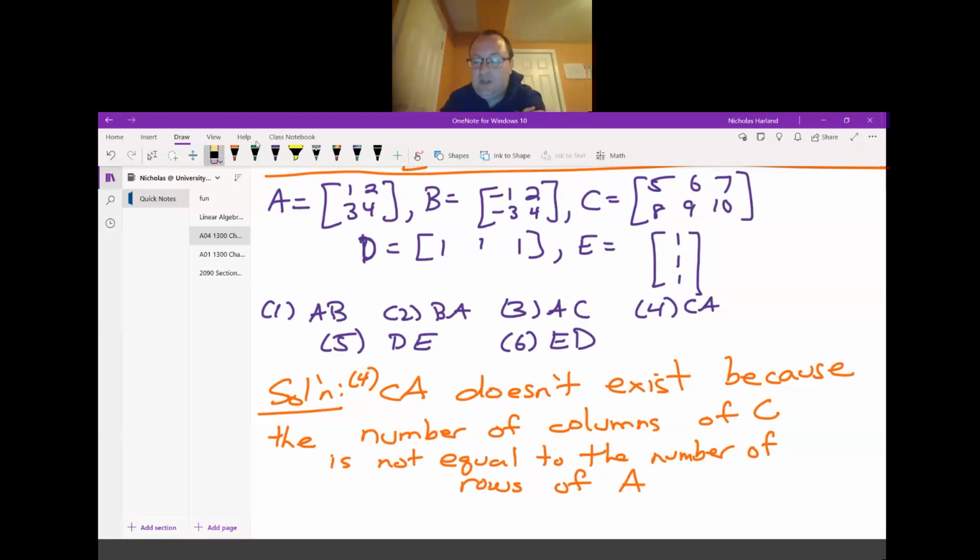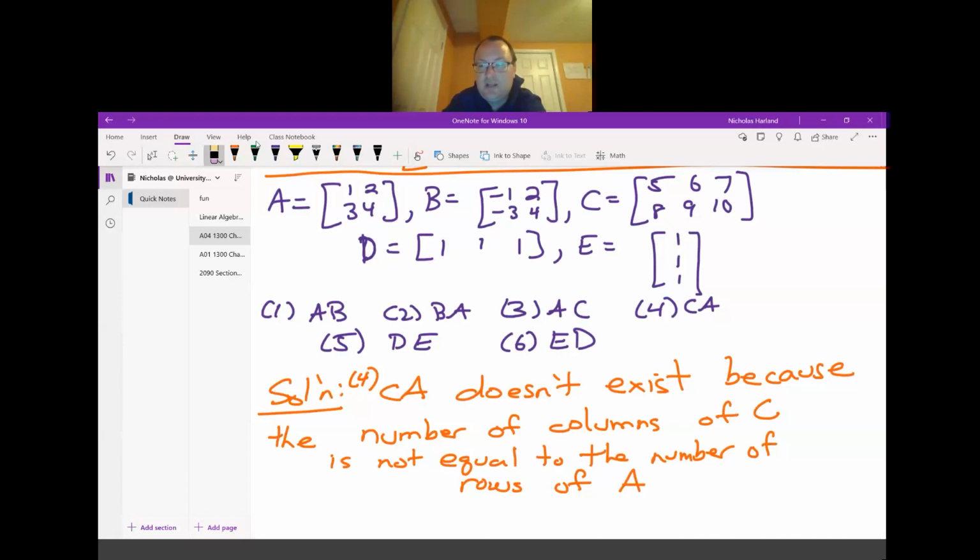In order for the multiplication to be defined, and the way we multiply them is why we need this, the number of columns of C must be equal to the number of rows of A. Again, we want to make sure we're being specific here. Just saying that C is 2 by 3 and A is 2 by 2, that's a very true statement, but that doesn't explain why the multiplication is not defined.